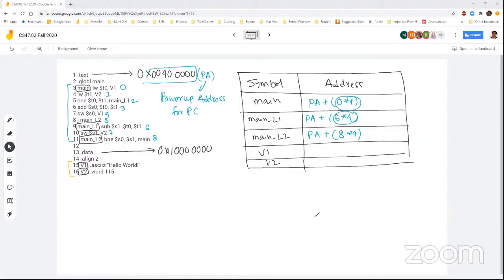I think this is 00400004. Wait a minute. 0040, and then it will become 0018. Let's see. Bring up the calculator.